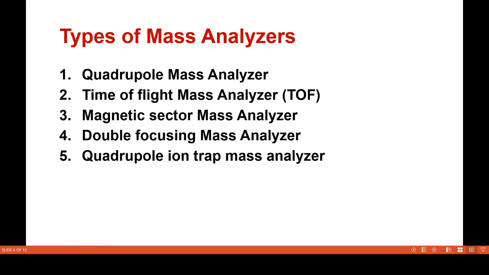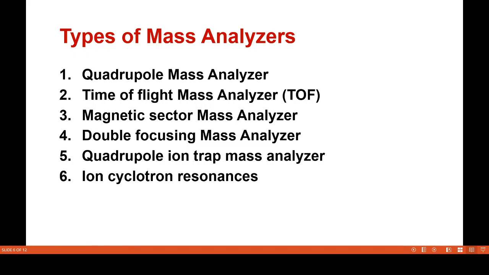Fifth is the quadrupole ion trap mass analyzer, and the last is the ion cyclotron resonance mass analyzer. Out of these 6 types, we will study the first 4 because these first 4 are included in our syllabus. So we will discuss these first 4 mass analyzers in section first.